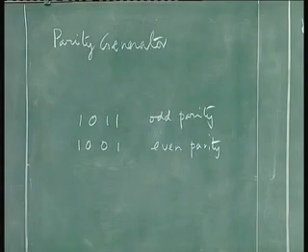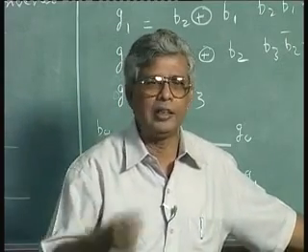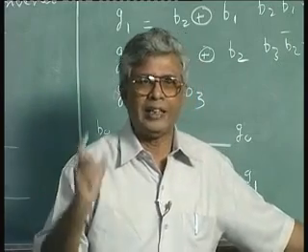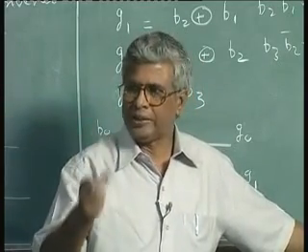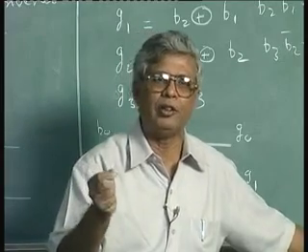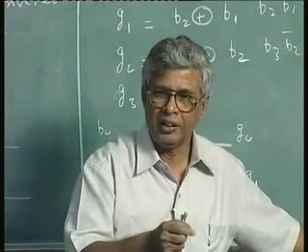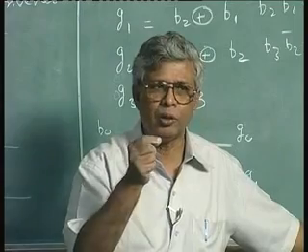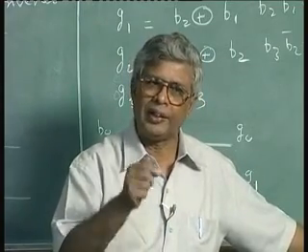The bit stream is previously defined. You cannot just arbitrarily start at some point, end at some point, and say it's odd parity. They will tell you ASCII, for example. If you take an ASCII code, it's a 7-bit code. So in 7 bits, how many ones are there? After every 7 bits, you have to count the number of ones and see whether it's odd or even. So the number of bits they are going to transmit at a given time, you should know. If you know that, they can say whether it's an odd parity or even parity.